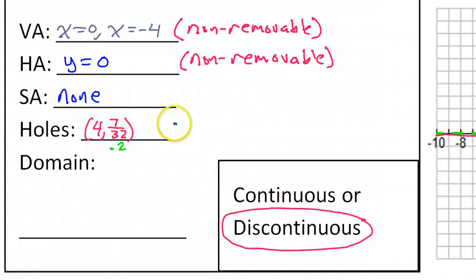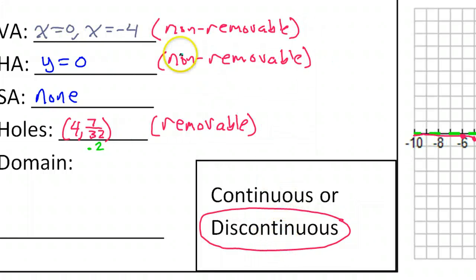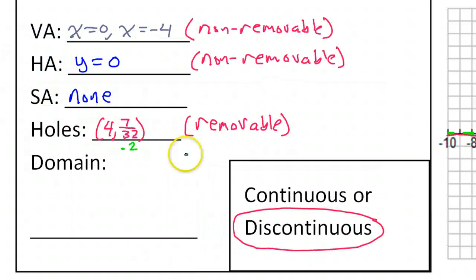Okay, only the hole is considered a removable discontinuity. Alright, so this is how I'd like you to do it from now on. So the graph is discontinuous, but we can just label each one of the discontinuities as removable or non-removable. And if it's a hole, it's going to be removable. All the asymptotes will always be non-removable.